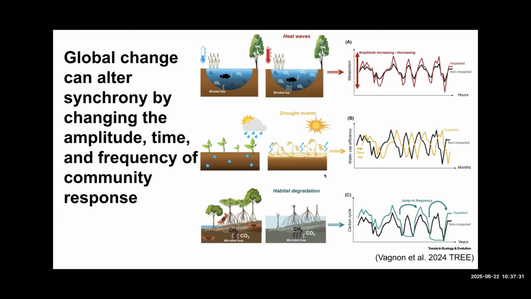So there are changes in the amplitude, the time, or the frequency of the responses, and then they start to fluctuate asynchronously. And we would like to understand how these changes in the synchrony of those two components would affect ecosystem functioning, how they respond to environmental variation in general, and how they would respond to particular climatic extremes.